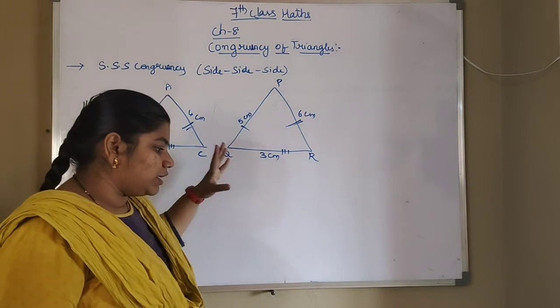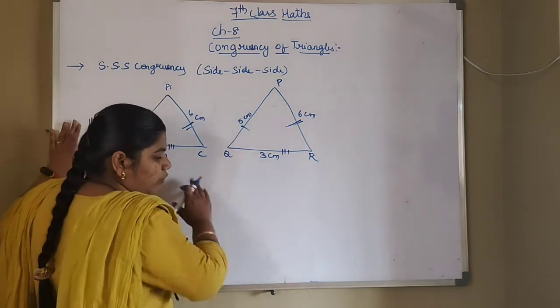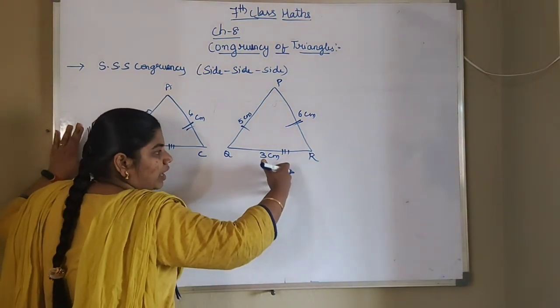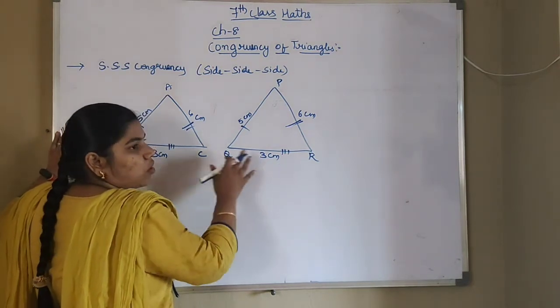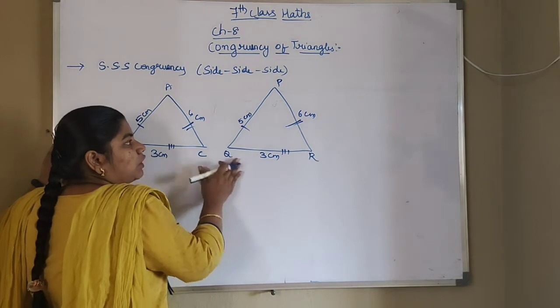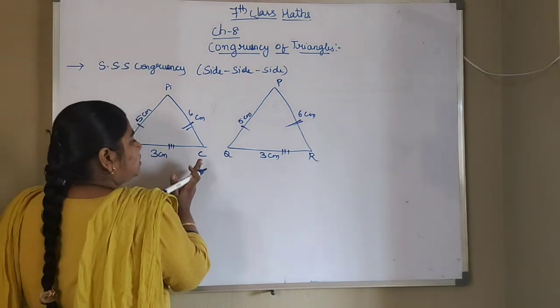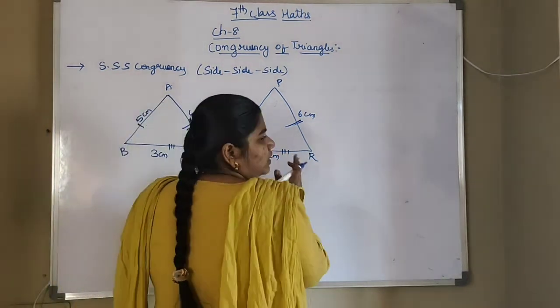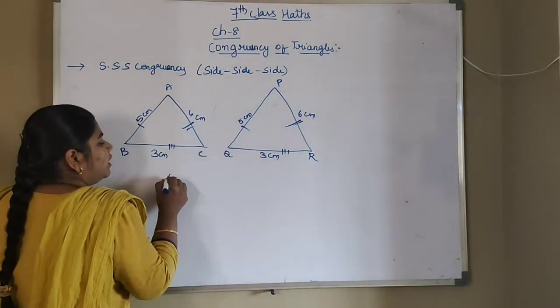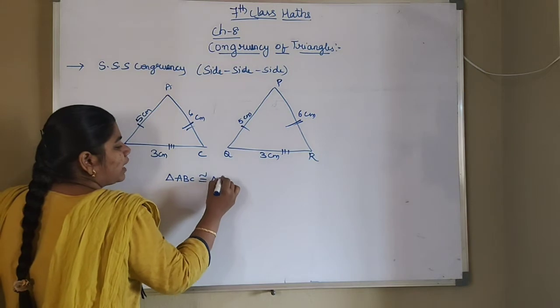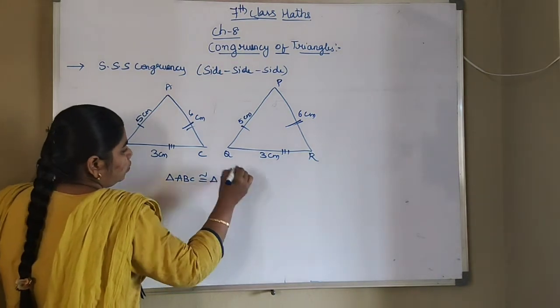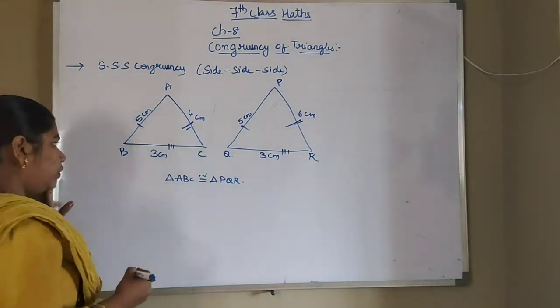So if 3 sides of a triangle are equal to the corresponding 3 sides of another triangle, then the triangles are called congruent. So if these 2 are congruent to each other, these 3 sides are equal to these 3 sides. So we can tell triangle ABC is congruent to triangle PQR.